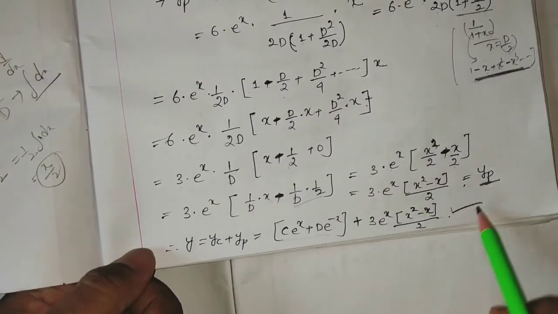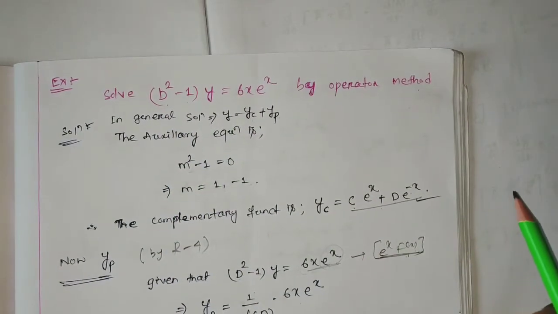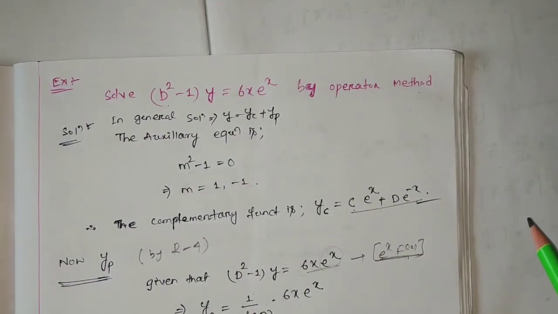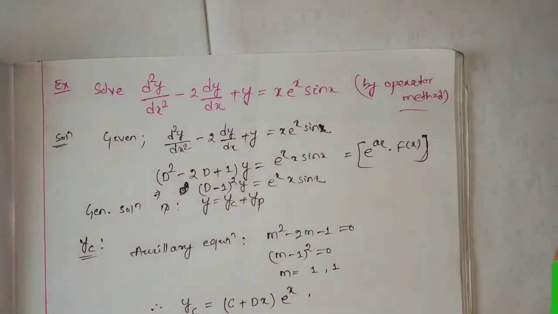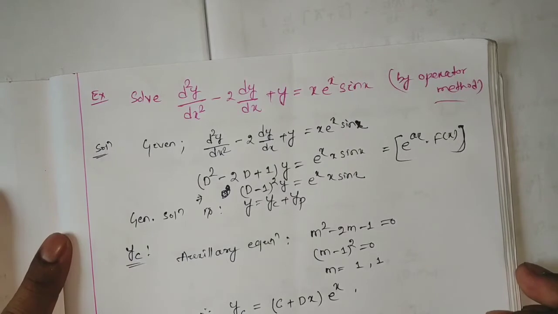So this is the general solution of this non-homogeneous differential equation. Okay, next we have to move to another numerical, this one.